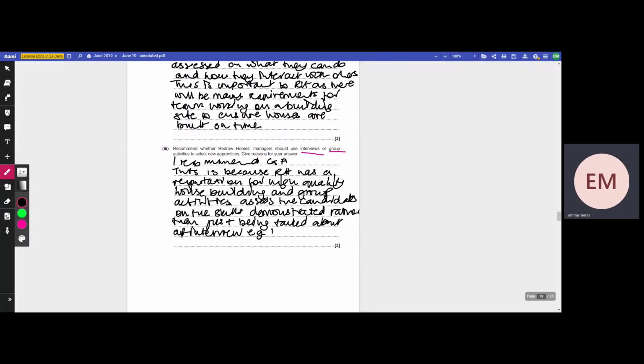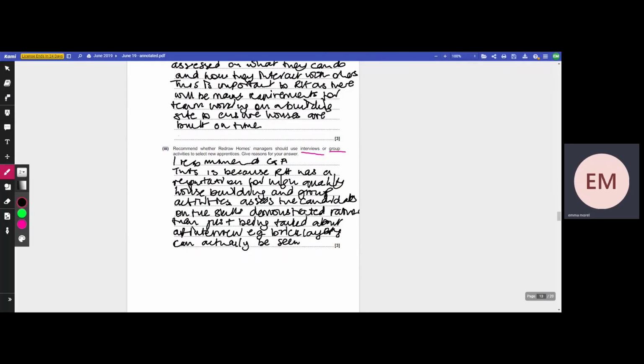E.g. bricklaying. So they might say, I'm a brilliant bricklayer, but you're not going to be able to see that in an interview unless you can actually, in a group activity, you will be able to see that. So e.g. bricklaying can actually be seen.